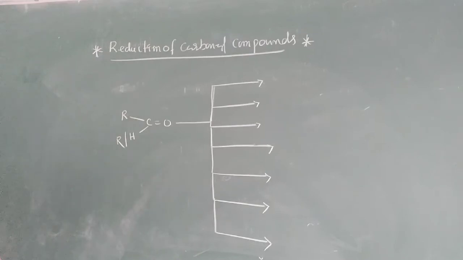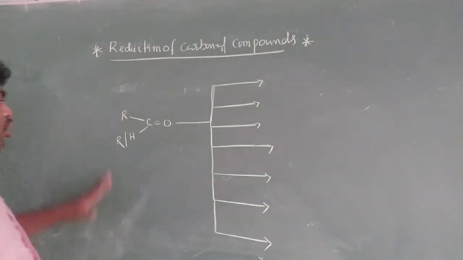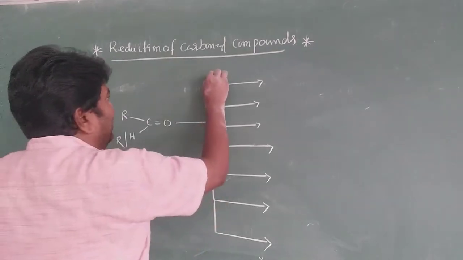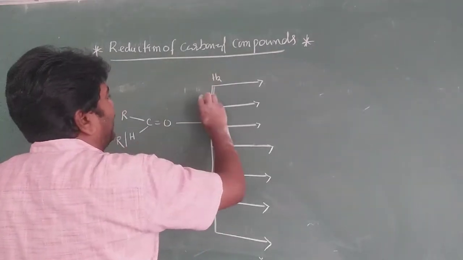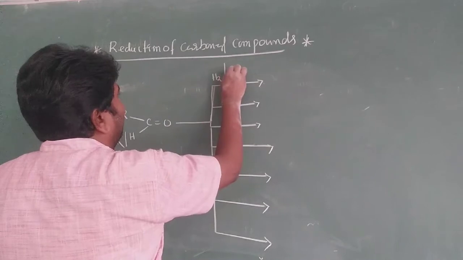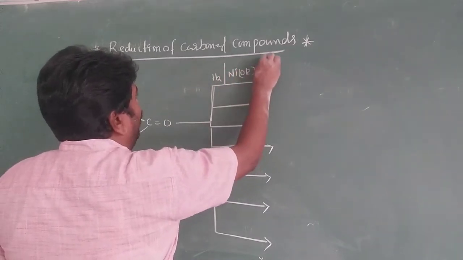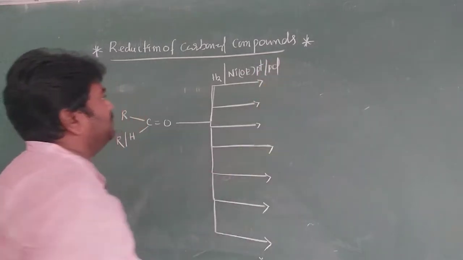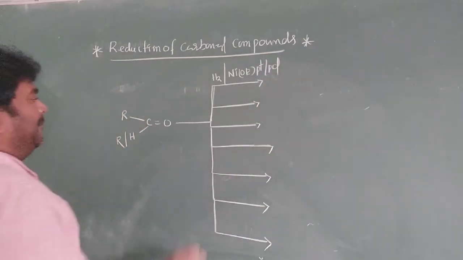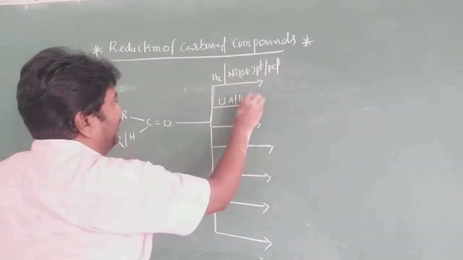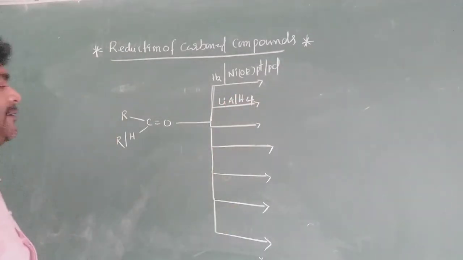Okay, very important. Carbonyl compounds on reduction: addition of hydrogen in presence of nickel or platinum or palladium. Second one, LiAlH4, lithium aluminum hydride.